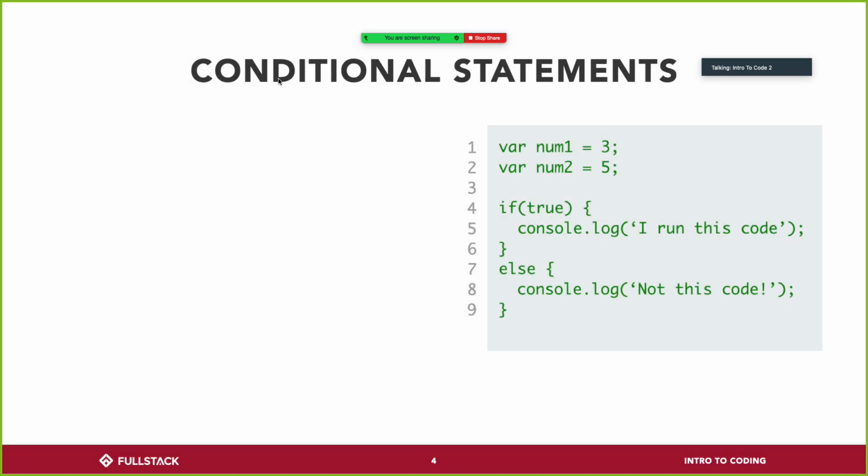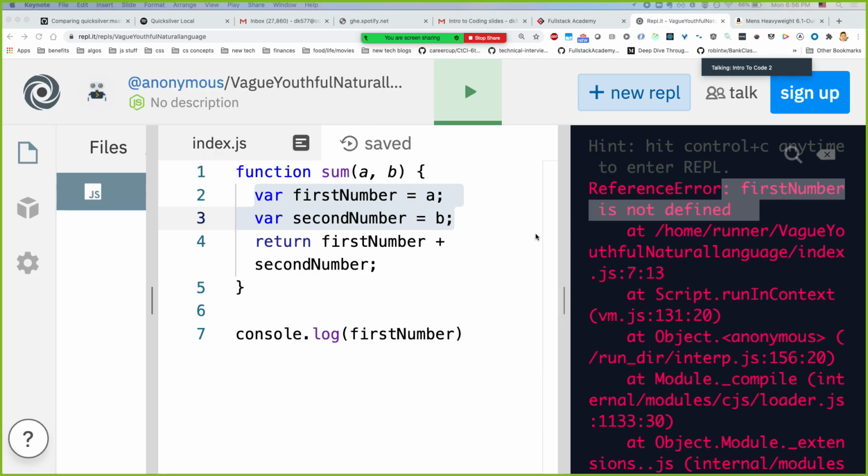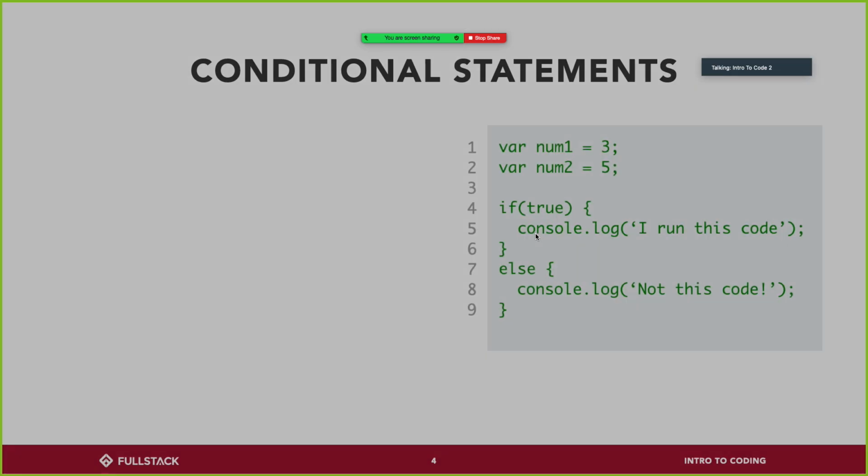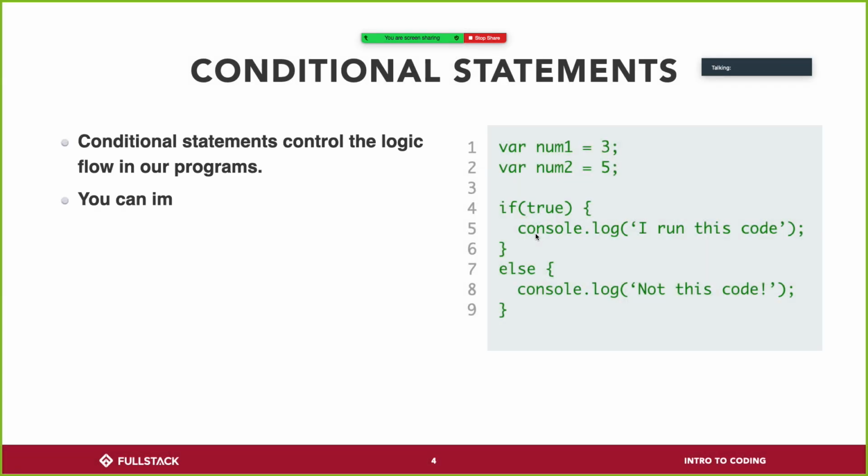All right, so let's get into some conditional statements. They control logic and the flow of our programs, and so they're kind of like forks in the road where we can decide to go left or go right, go up or down, run this code or that code.